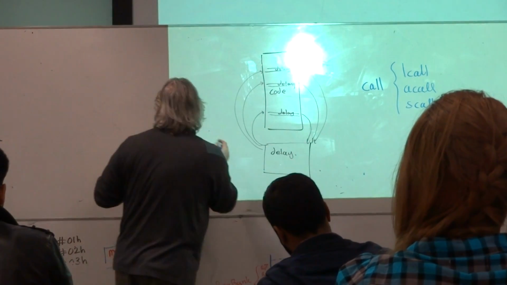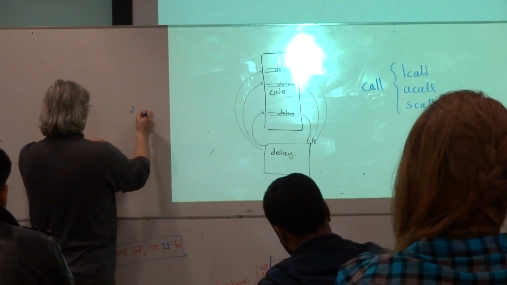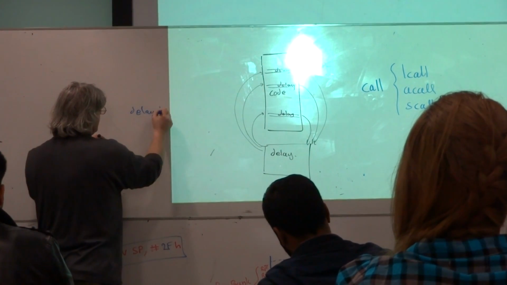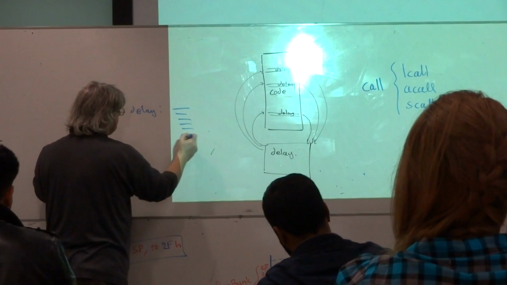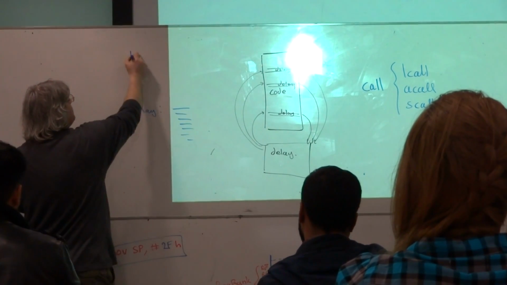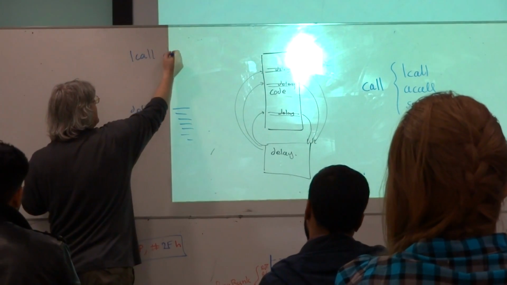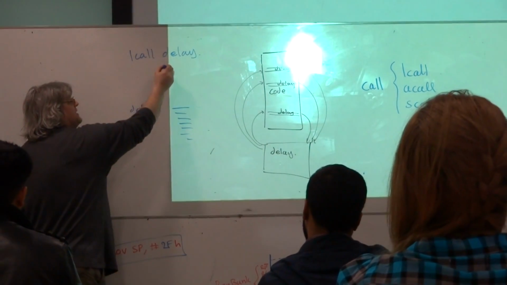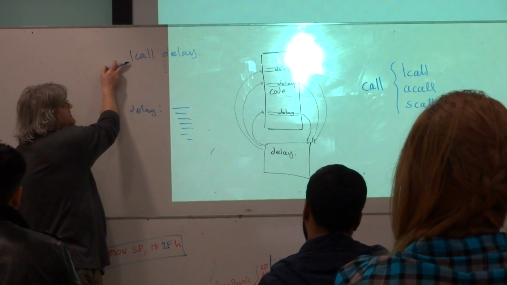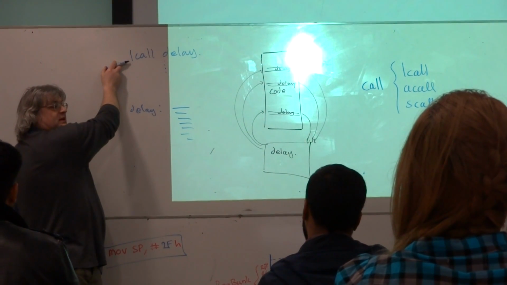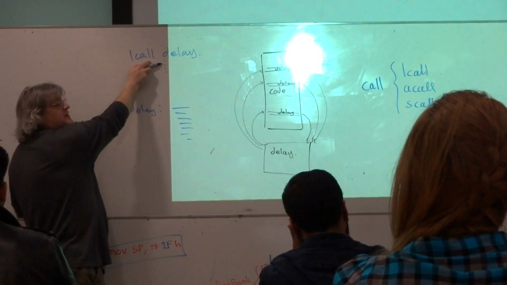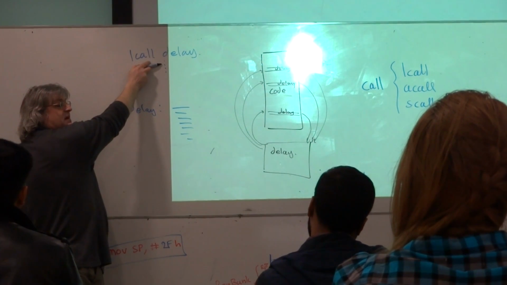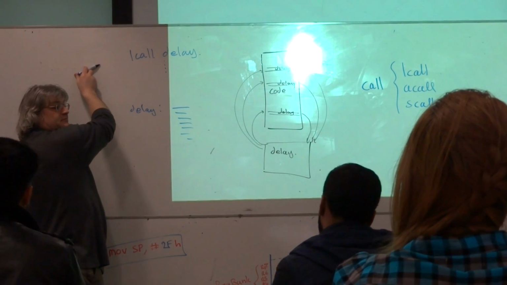Basically, if there was a routine called delay, you might have the label delay, and then some code. Elsewhere in your program, you can say LCALL delay. And then you have the rest of your code here. What would happen is that at the point of this call, the program counter will be pointing to the next instruction after this one. That will be stored on the stack.